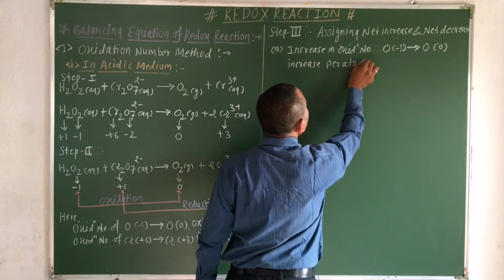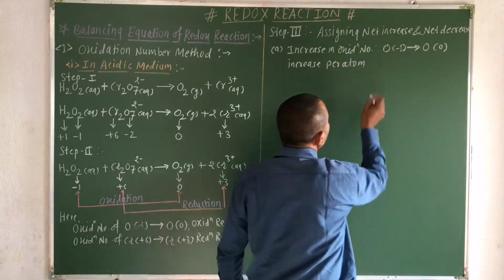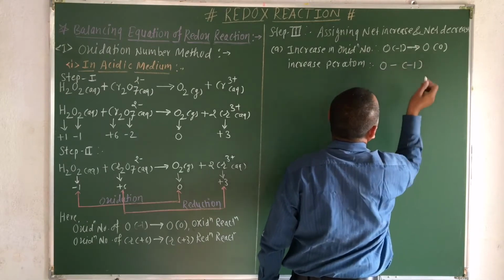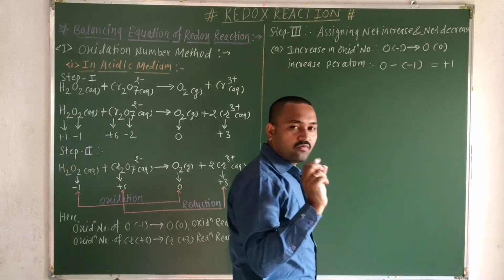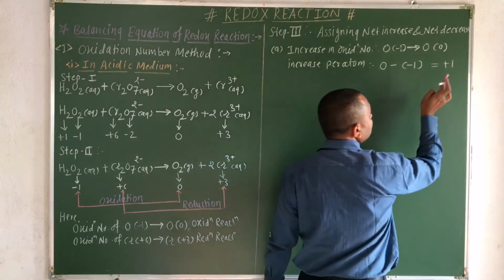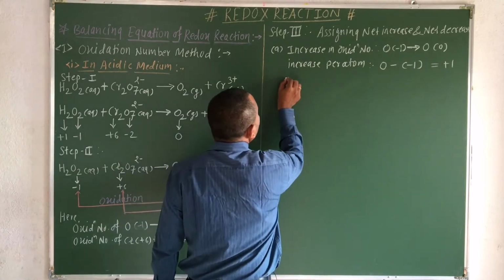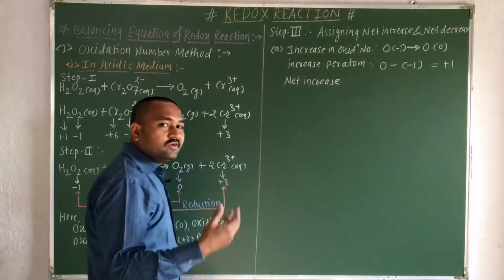How can we calculate the increase per atom? Obviously 0 minus -1. So 0 minus -1, that will be equal to +1. So for one oxygen atom, the oxidation number increased by +1. Now let us consider the net increase. Okay, now what is net increase?